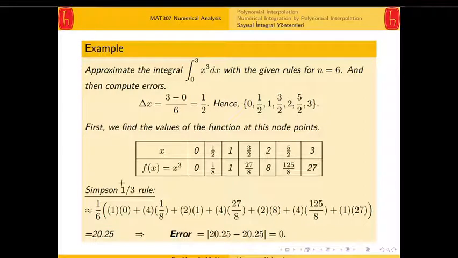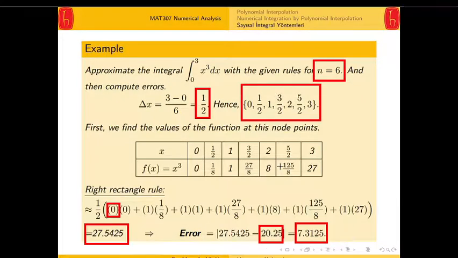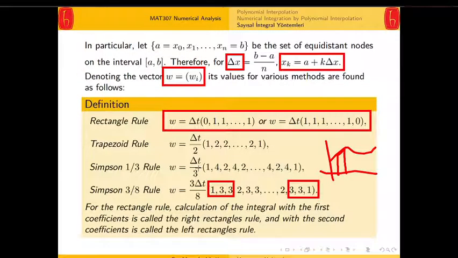Okay, what about the Simpson 1/3 rule? Let's go back to the weights again. Here the weights are delta t over 3 times 1, 4, 2, 4, 2, and it will go all the way up to wn as 1.